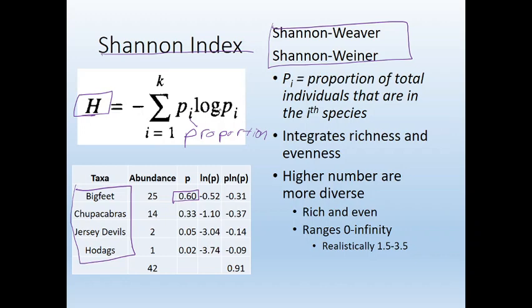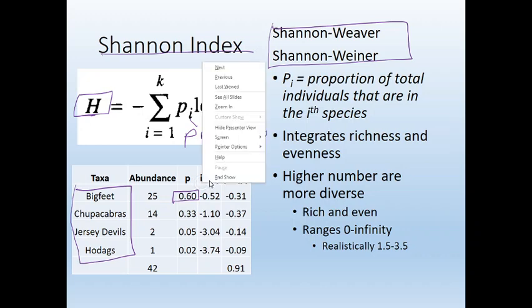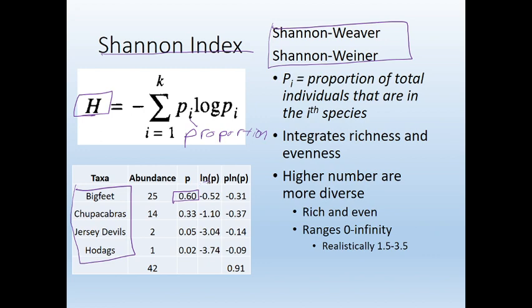Then you take the logarithm of that proportion. This ln is the natural logarithm, so the logarithm base e. It's a pretty commonly used logarithm. Doesn't really matter which one we use here, but in ecology we always use the natural logarithm. And if you take a logarithm of a decimal, what you'll get is a negative number.